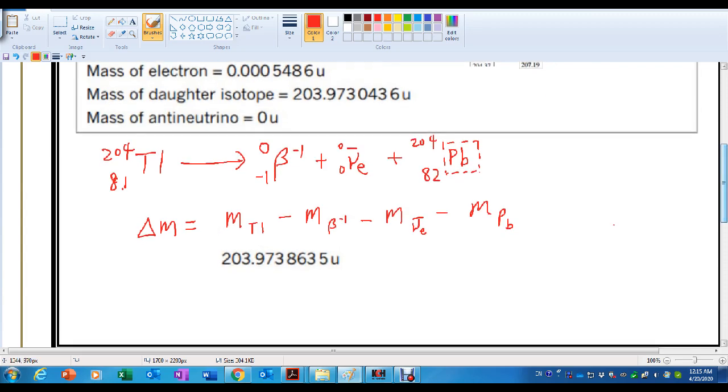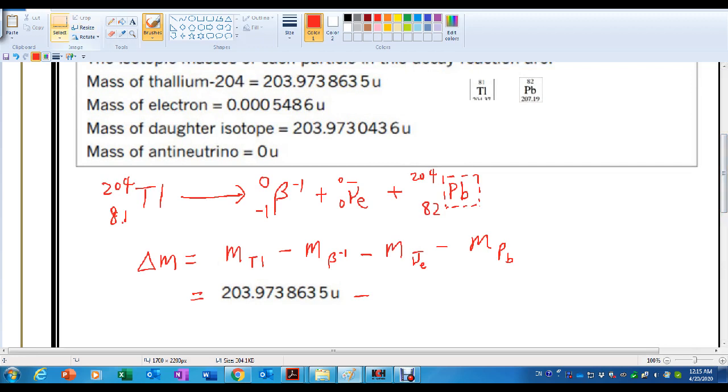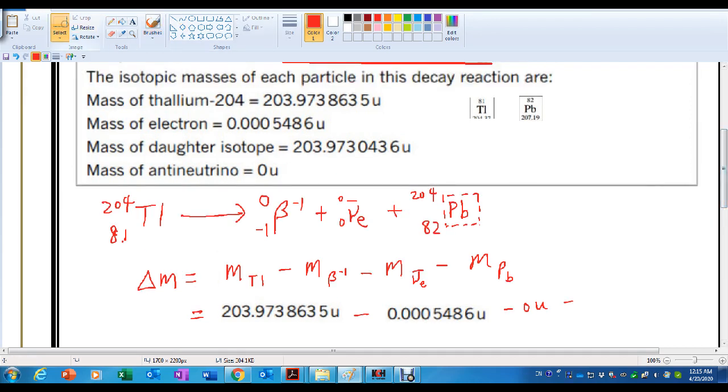We know that the first mass is this one. The second mass will be the mass of the electron. The third one has no mass, but we still write it, minus the daughter nucleus, which is this one.